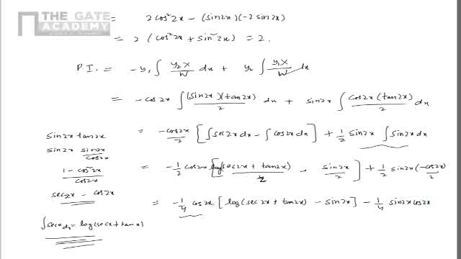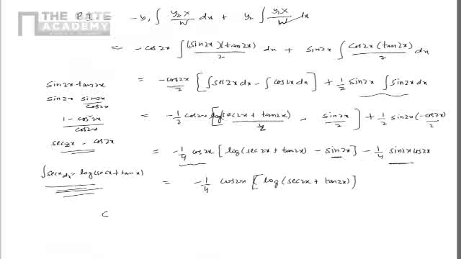Okay, I think this term combined with this will get cancelled, so you will just remain with minus 1 by 4 cos 2x log secant 2x plus tan 2x, which is the partial integral.